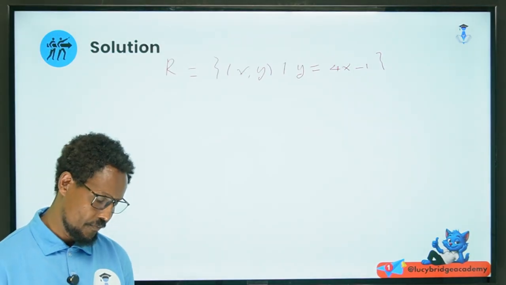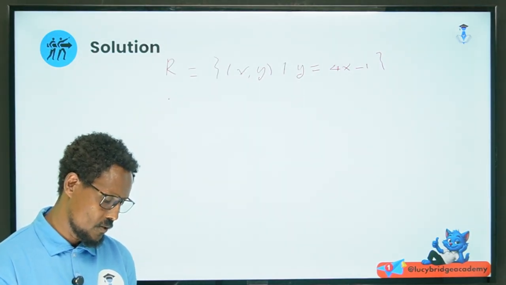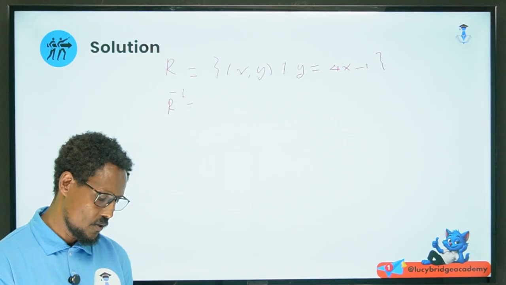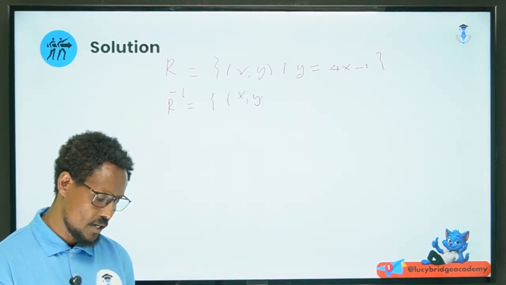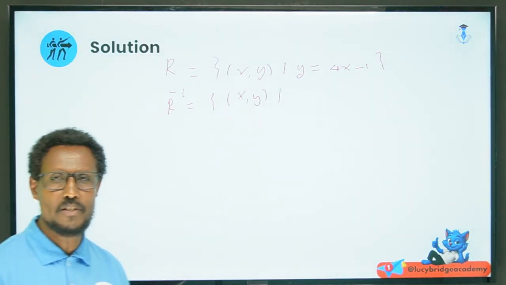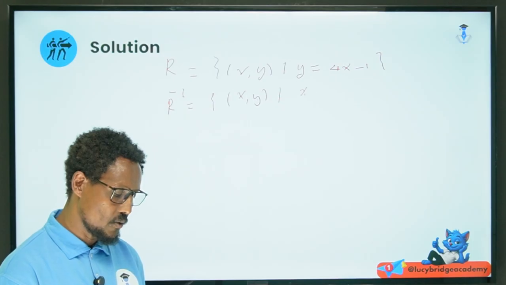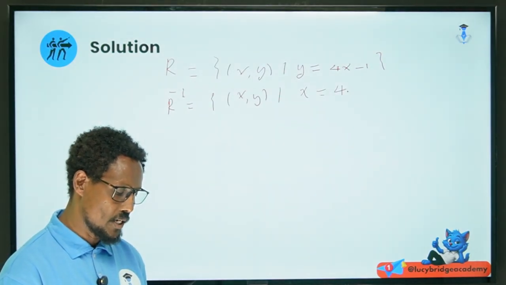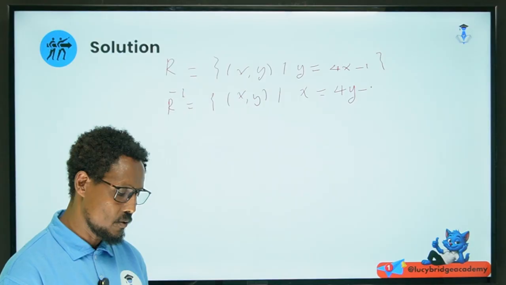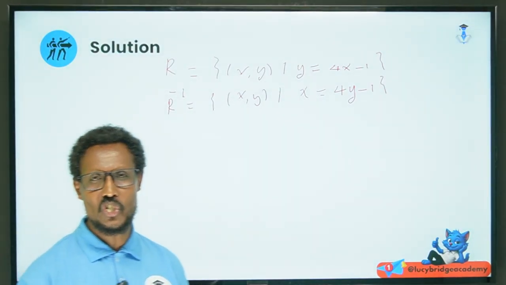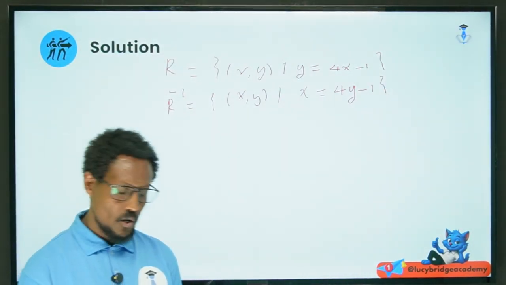So R inverse is the set of (x, y) such that, now interchange x and y. In place of y we write x, so x is equal to 4 times y minus 1, just interchanging x and y. This is our inverse.